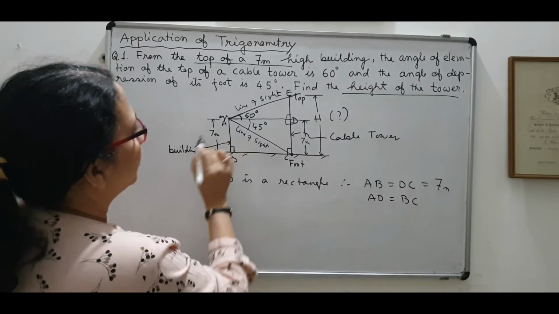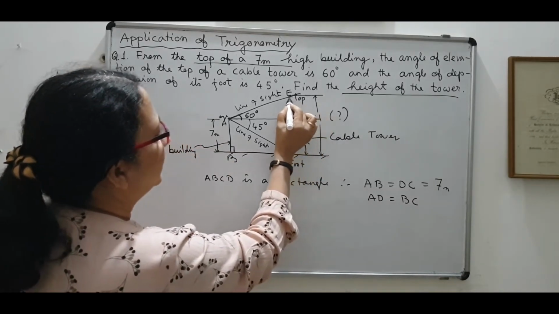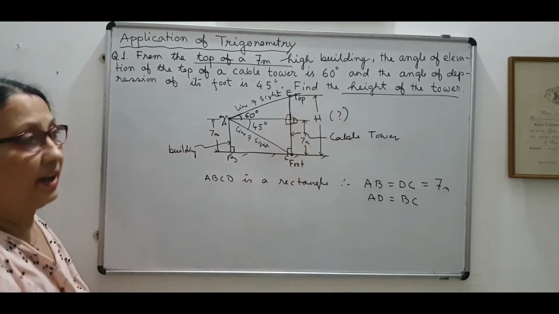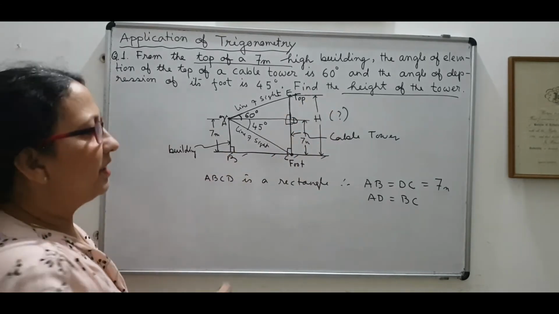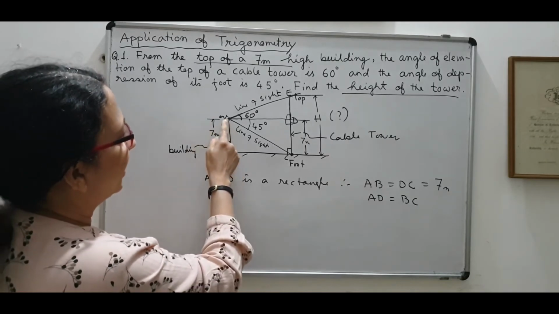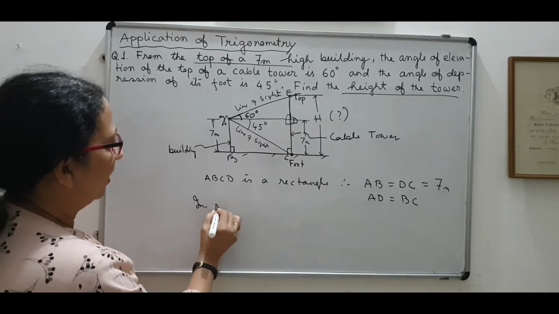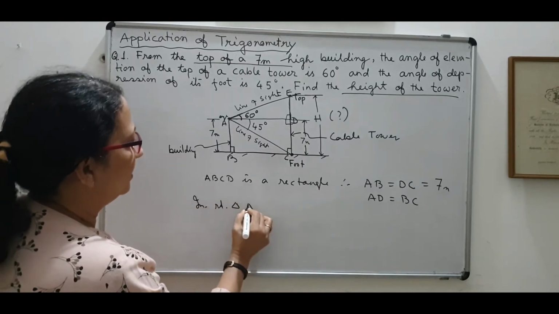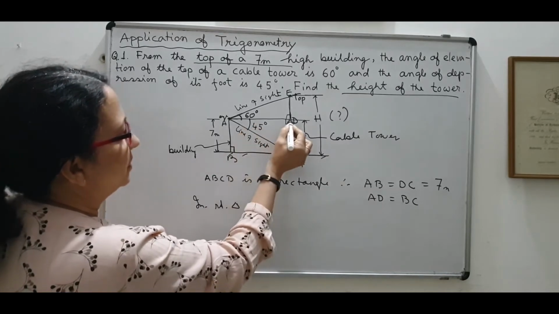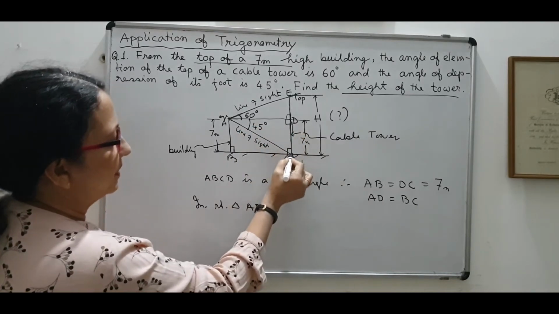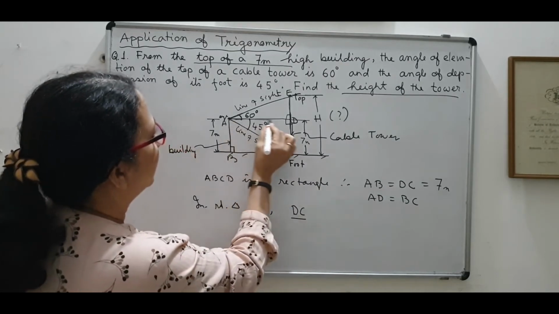Now I can find out. The only thing is that if I can find ED, then I know the total height. So now I'll apply trigonometry. In right triangle ADC, this is the angle theta. So DC is the perpendicular and AD is the base.